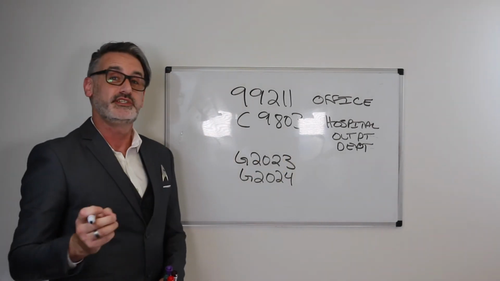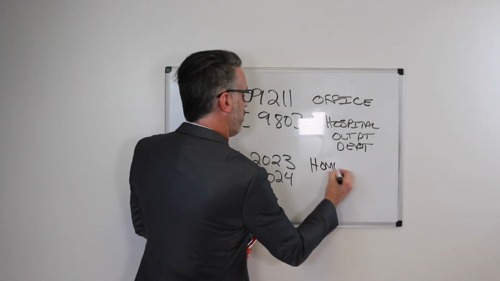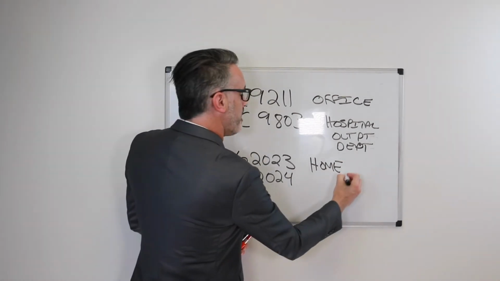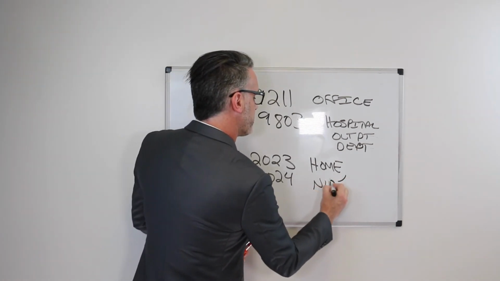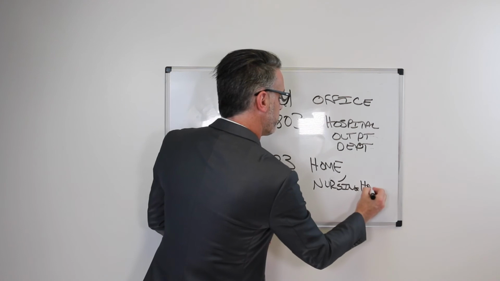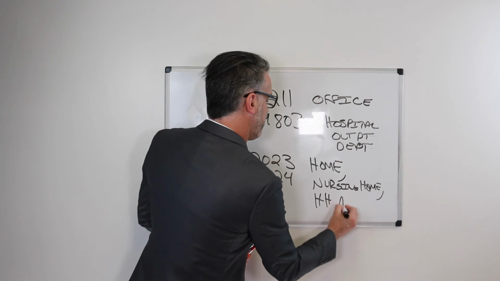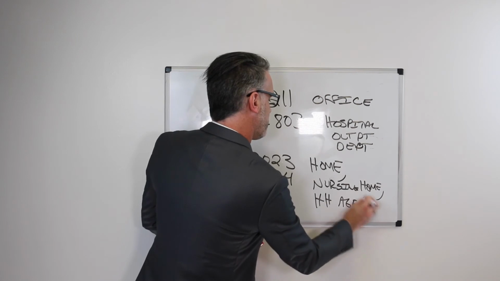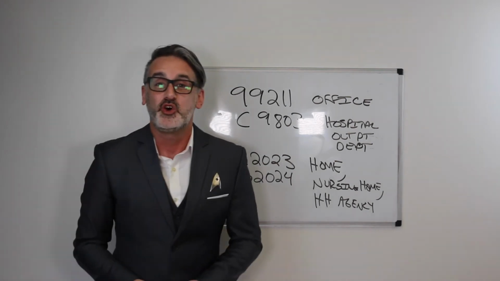We have G2023 and G2024 for if the home, or I use the phrase private residence where the patient lives in their own house, or if the specimen is collected in a nursing home, for example, an assisted living facility, or if it is being collected in a home health agency.